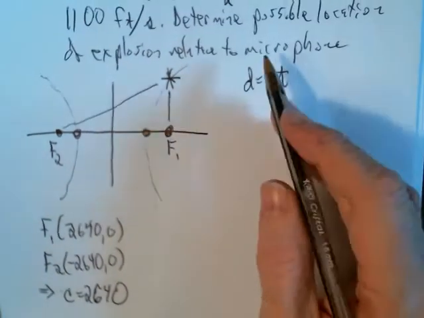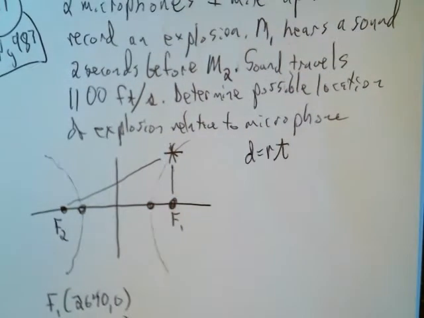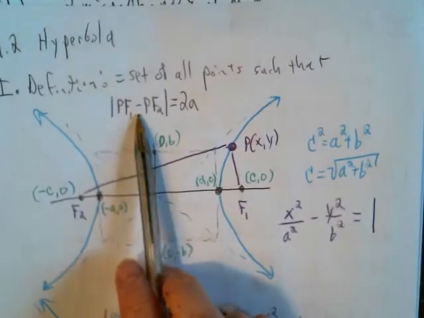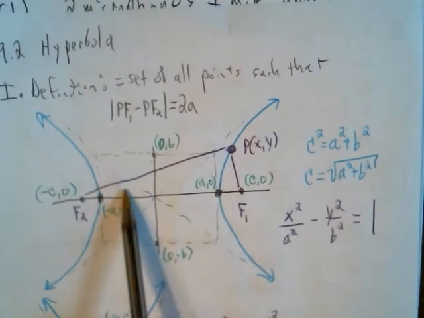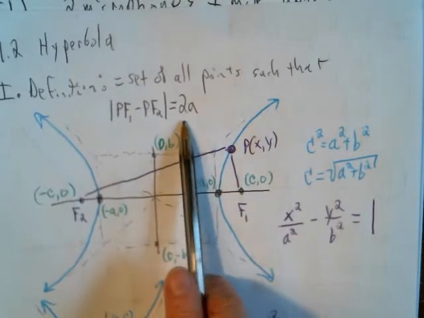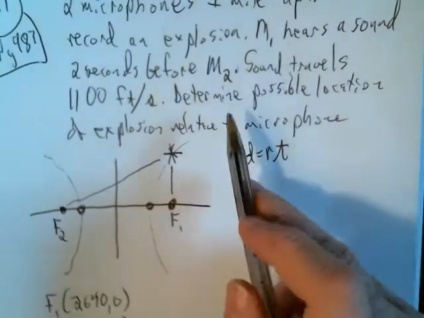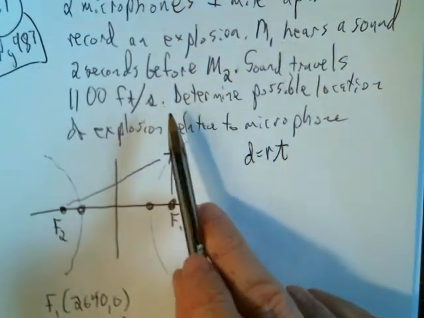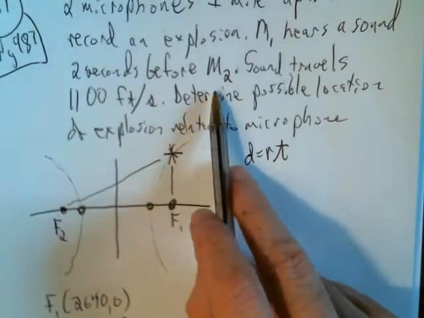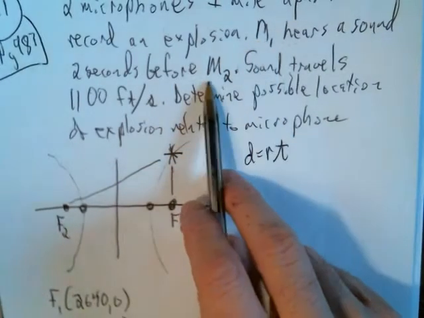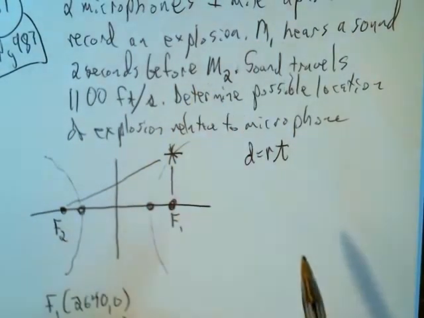We also need an a value and a b value, and that's where this is going to come into play. In particular, if you remember from our beginning work setting up the definition of the hyperbola, the difference in the distances is equal to 2a. And that's what we're dealing with here. It's saying that M1 hears a sound 2 seconds before M2. So basically, if you subtract the time of M1 and M2, it's going to equal 2.